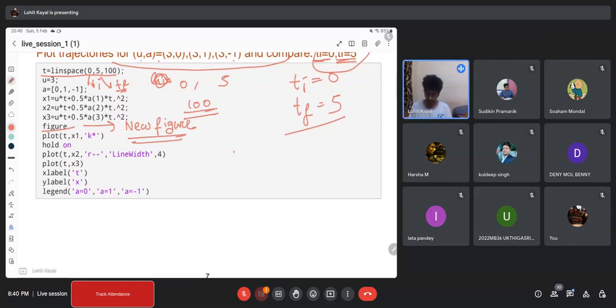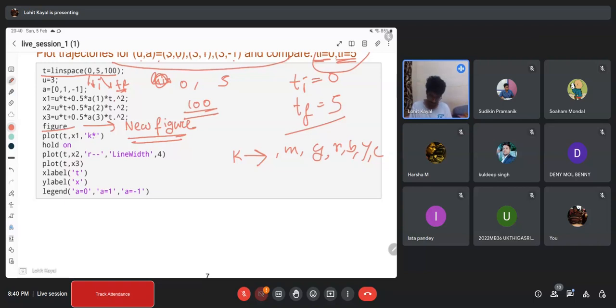There are some inbuilt colors in Matlab like k, m, g, r, b, y. Here k means black, m is magenta, g is green, r is red, b is blue, y is yellow, and c is cyan. These are some inbuilt colors in Matlab. Just Google it, you will be able to find.